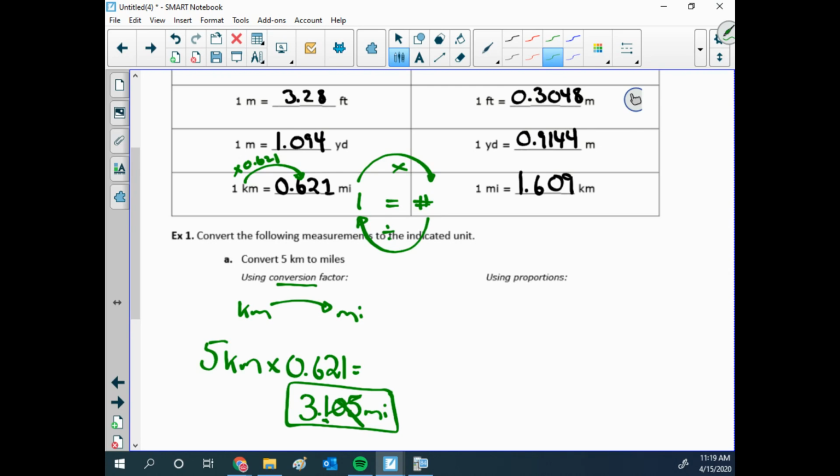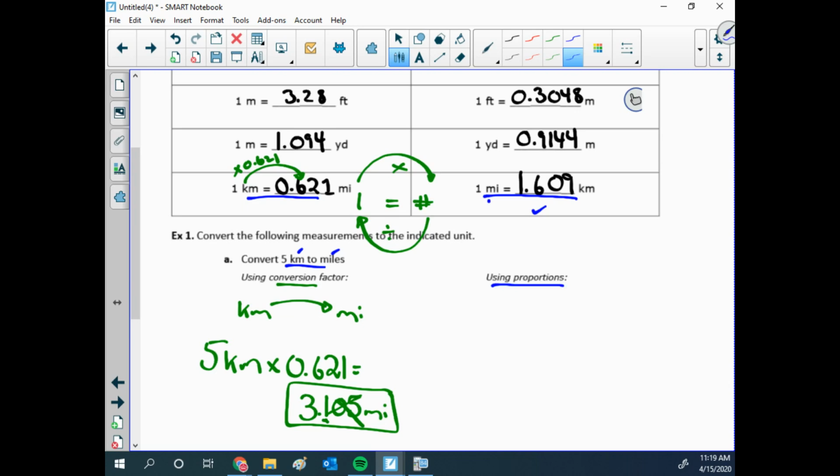Okay. The other strategy that I could do for this exact same question is use proportions. If you remember a proportion, all we need to do is choose one of these conversion factors. I'm looking for something that has kilometers and miles in it. I could technically use this conversion factor or this conversion factor. It doesn't really matter which one I use. Let's just do this one for a little bit different.